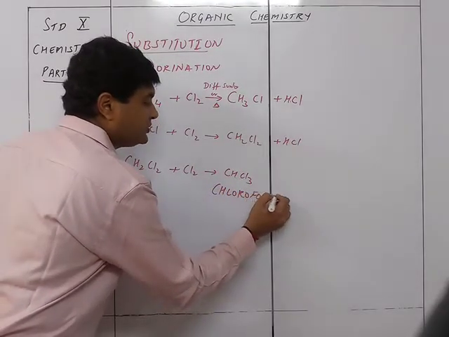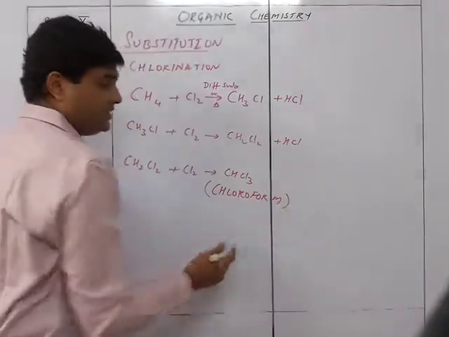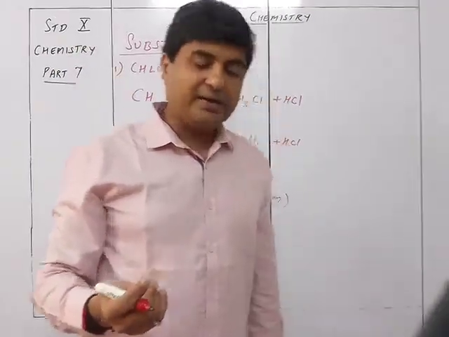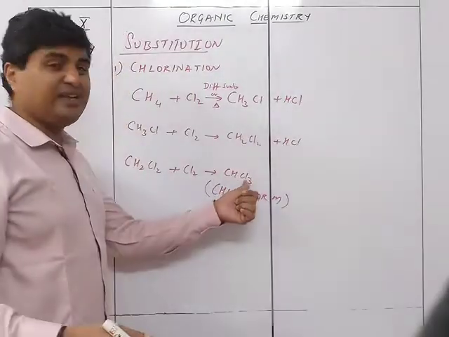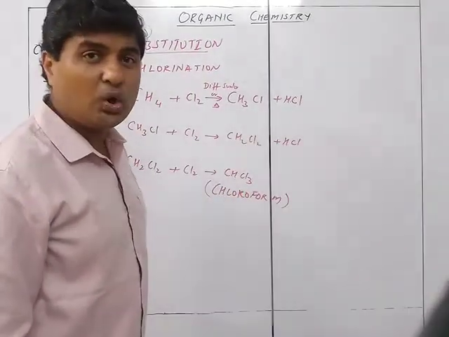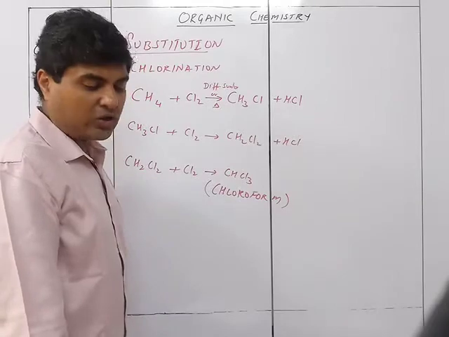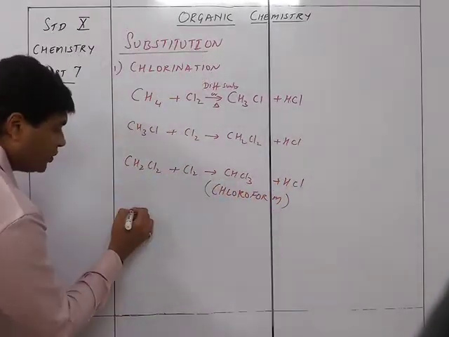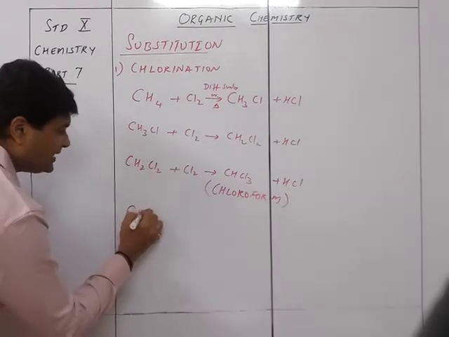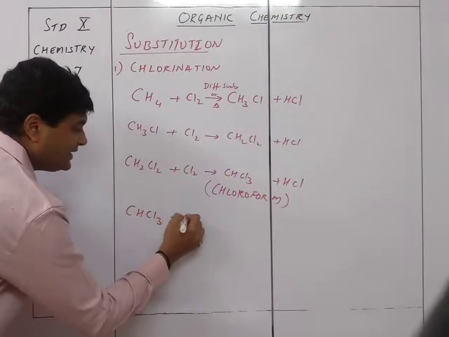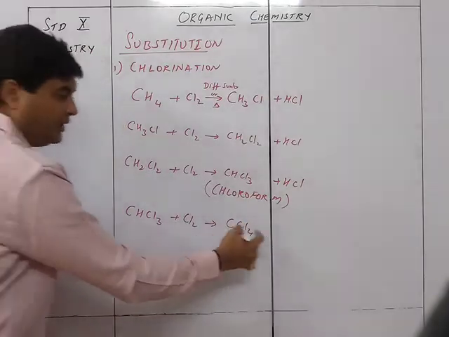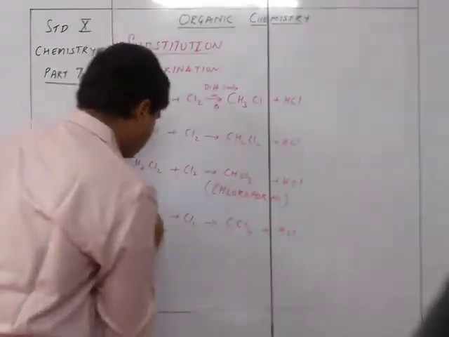The chloroform which is used normally for anesthesia, or basically to make somebody faint, that is chloroform, which is CHCl3, that is trichloromethane. So trichloromethane is this one, plus HCl is going to be there, and finally it is going to complete the substitution. So CHCl3 plus Cl2 will finally give me CCl4, which is carbon tetrachloride, plus HCl. So this is the final reaction.